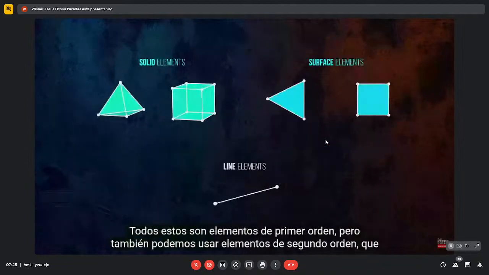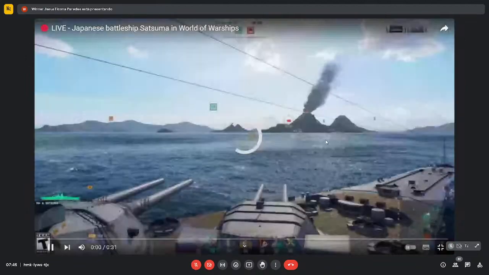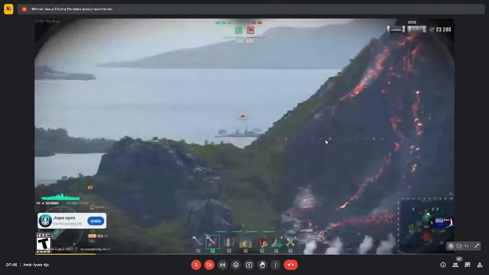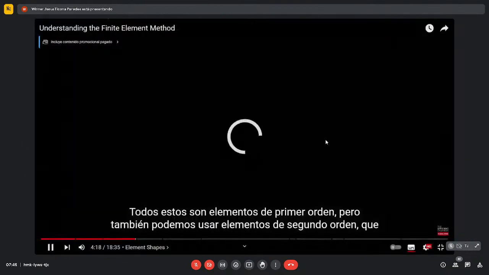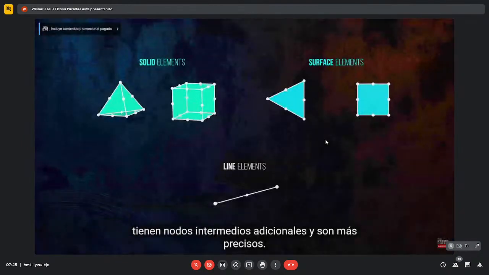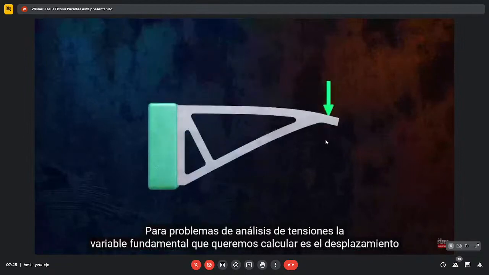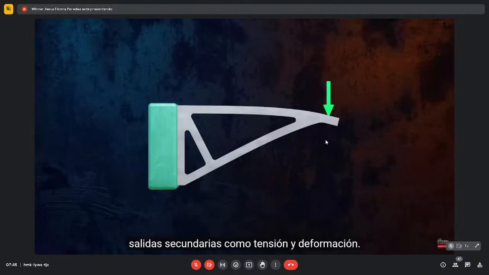These are all first-order elements, but we can also use second-order elements which have additional mid-side nodes and are more accurate. For stress analysis problems, the fundamental variable we want to calculate is the displacement at each node. If we know how a body displaces when loads are applied, we'll easily be able to calculate secondary outputs like stress and strain.